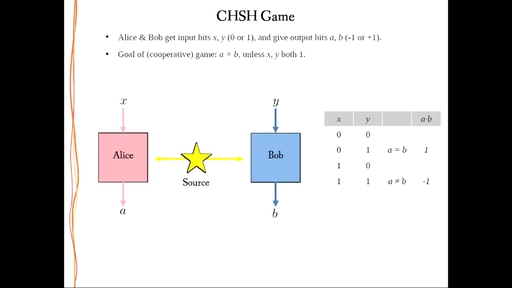If you were to multiply the outputs A times B, if they're the same, then it always gives 1, because +1 times +1 is 1, and -1 times -1 is also 1. So A times B is 1. And if A and B differ, then the product is going to be -1. So this is what we want. This is basically the game.